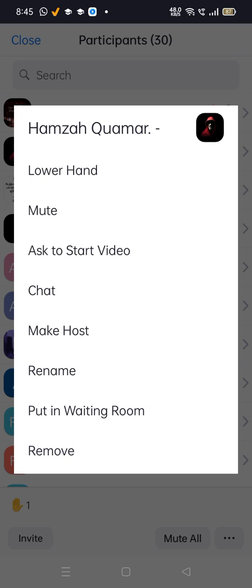Hamza Khamar, you tell me why the position of the nucleus is different in both the pictures.